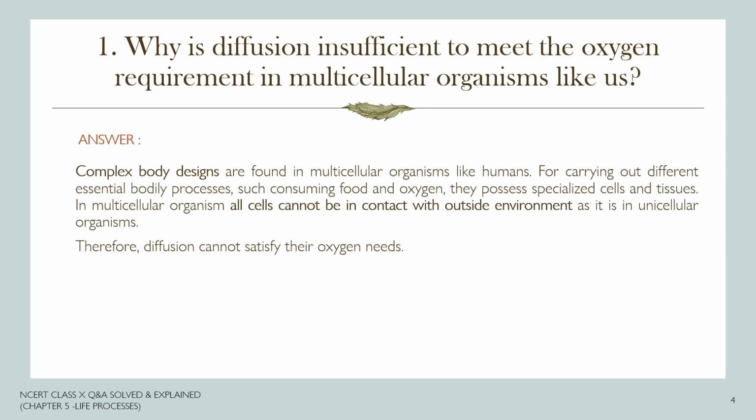But in case of multicellular organisms, two main points that you have to remember while answering this question. One, they have complex body designs. That is, they have different organ systems and different body processes, because of which all cells cannot come in contact with the outside environment, and hence diffusion cannot satisfy their oxygen needs.